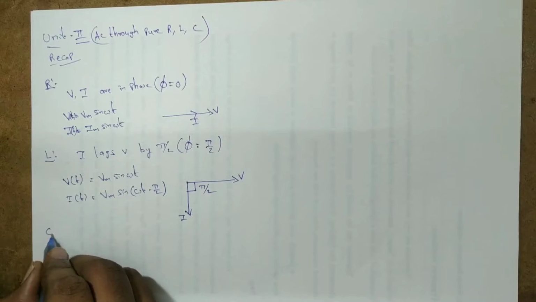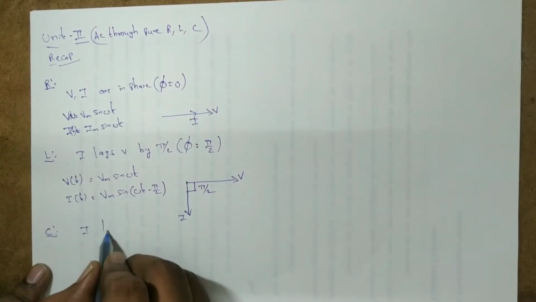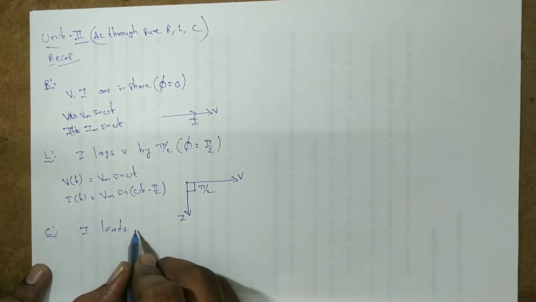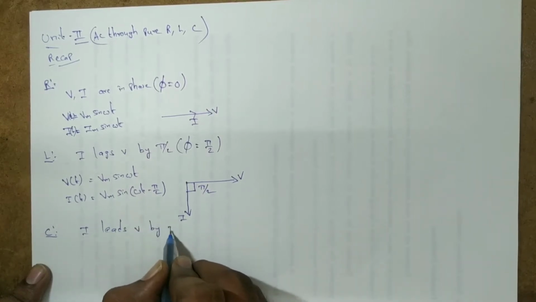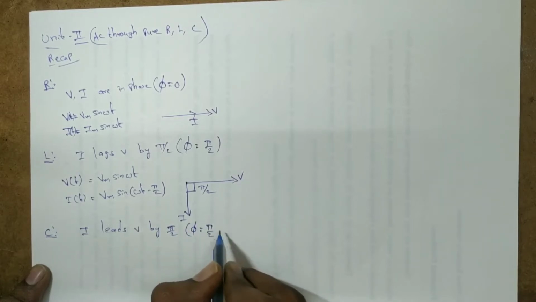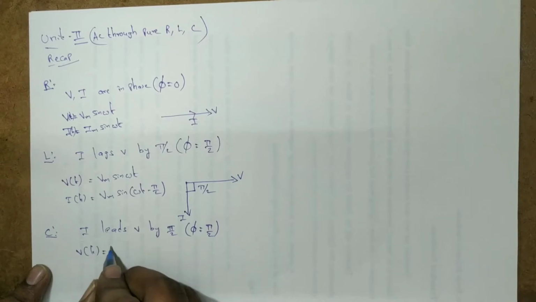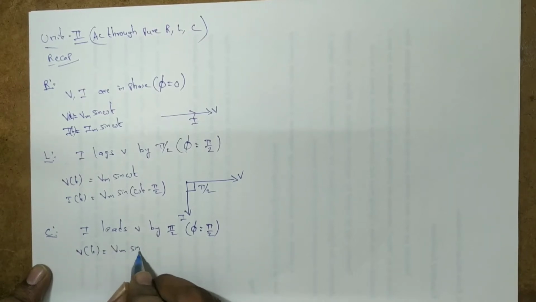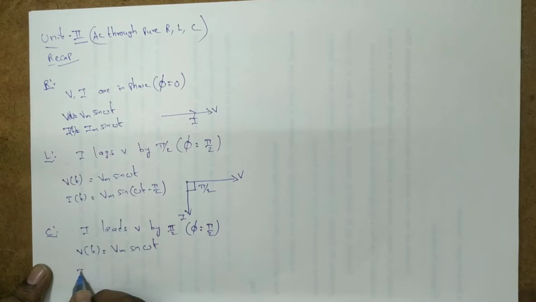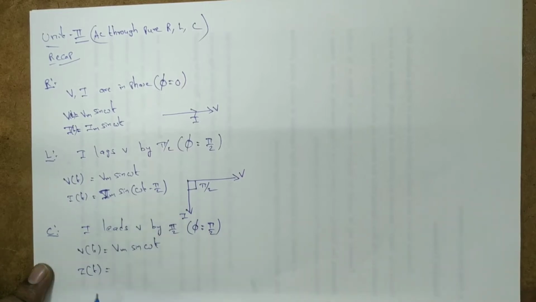Next, coming to capacitor. When AC flows through a capacitor, current leads voltage by an angle of pi by 2. Inductor means lags, capacitor means leads. So here also the instantaneous value of voltage V of t can be written as Vm sin omega t, and I of t will be Im sin omega t plus pi by 2.